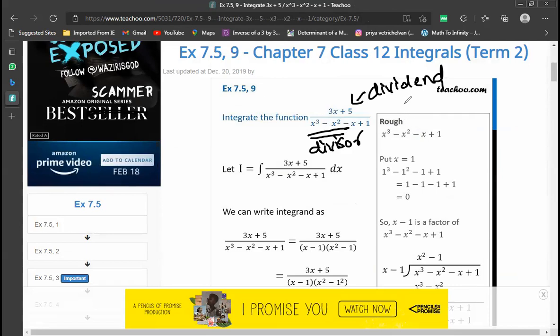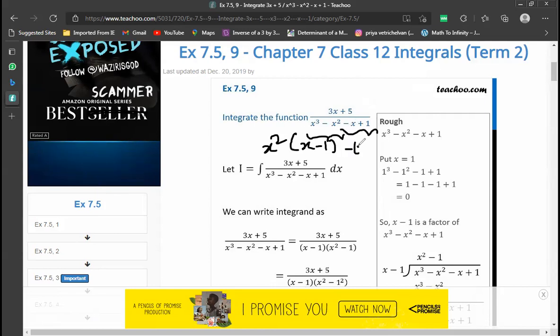Just a second. Before that, you can still simplify this. The cubic equation can be simplified by taking x square outside. If you take x square outside, you will be left with x minus 1. And you have minus x plus 1.